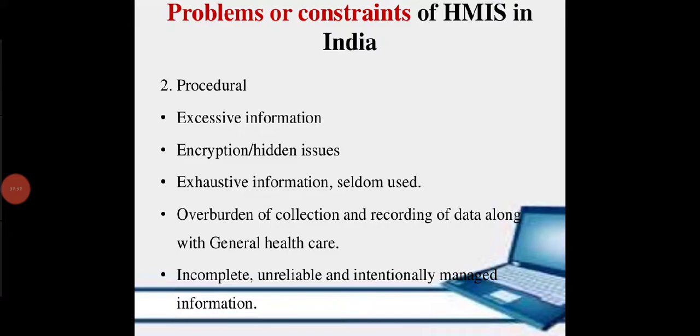The procedure means during the collection of data or during the analysis. These are the problems you will see. How you will collect the information, how it will be encrypted, whether it is more or less, and whether it is complete or incomplete. Okay, these are the procedural problems.